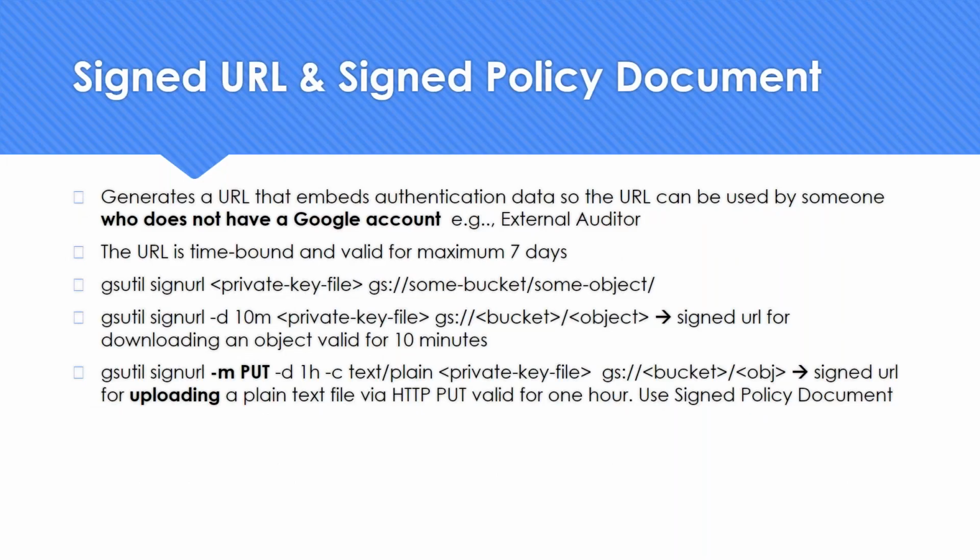It is on similar lines, but the only thing is that there is an encryption done, and it's a URL which has authentication data embedded. It's a little difficult to visualize. I'll show you. The URL is going to be a very big one, so it's going to be really difficult for someone to make a copy of it.